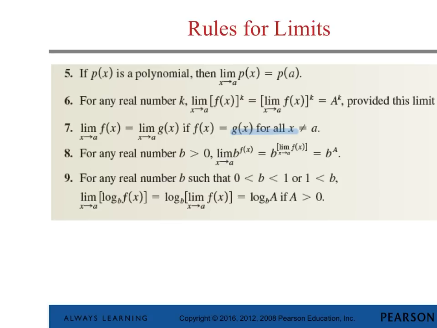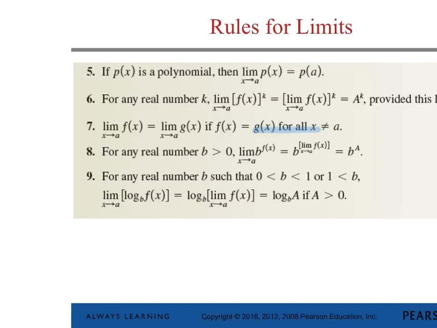Number 7 says, as long as x does not equal a, the limit as x approaches a will be the same as whatever f of x and g of x are. And for any real number b, b raised to some function will be b raised to whatever the limit is. And similarly for the logs.